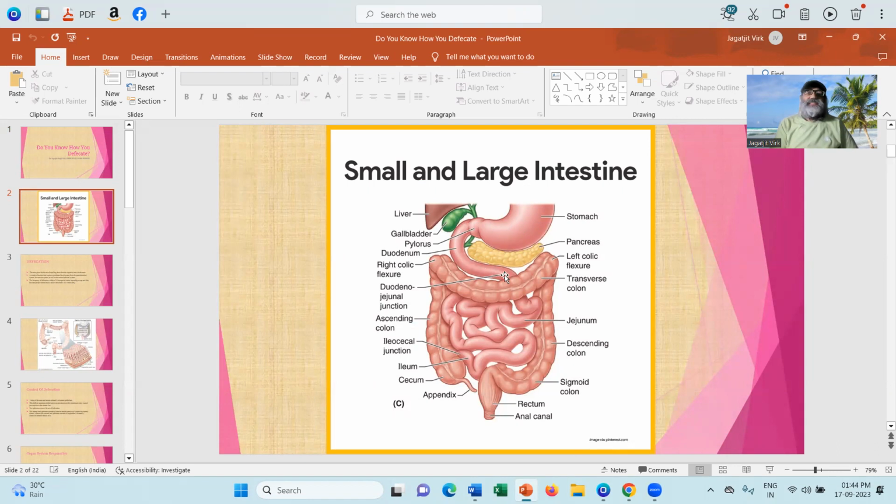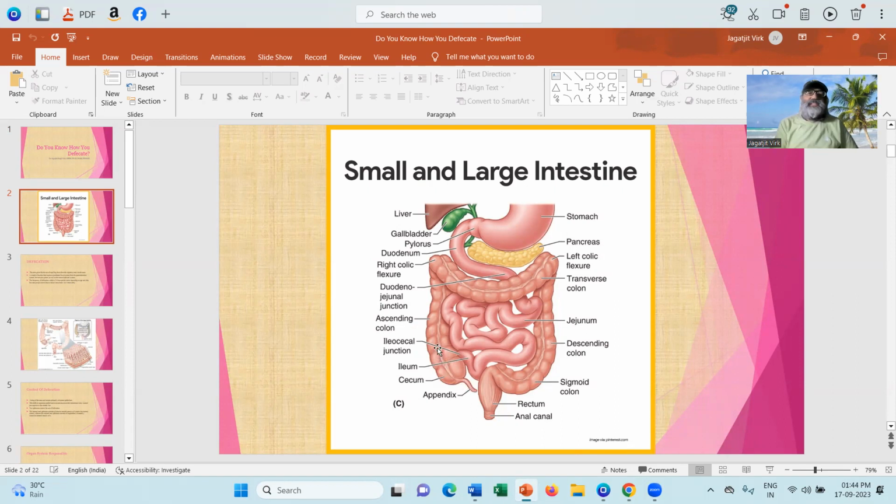Then there is the duodenojejunal junction, and all this is the jejunum. Then it becomes the ileum at this place, and this is the ileocecal junction where it meets the cecum. This portion is the cecum of the large intestine, and here comes the appendix.